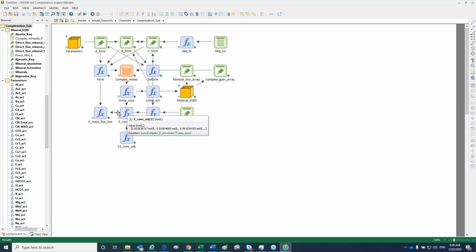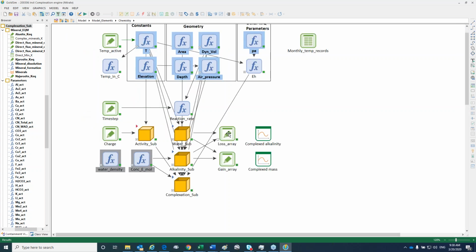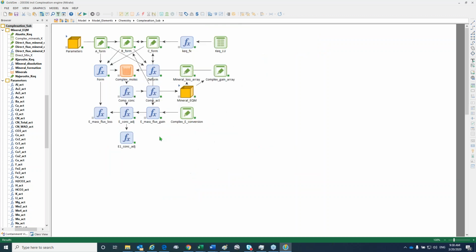Now, I know that that's going to be a little bit hard to follow, but I think that it's important just to understand that these are just for the explicitly modeled species, and these ones and the subsequent gain and loss arrays are going to be for distribution of mass between the minerals in the complex form.